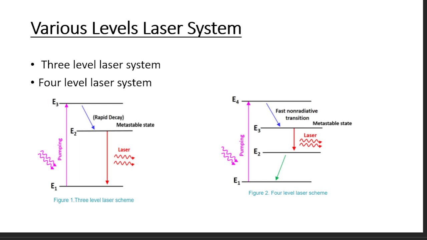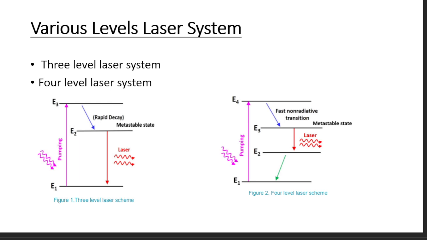Now the next point is that there are various level laser systems, like the 3-level laser system and the 4-level laser system. Let us discuss each one. First is the 3-level laser system. Why is it called a 3-level laser system? Because it consists of 3 energy levels, that is E1, E2 and E3. Out of these, E1 is the ground state, E2 is the metastable state and E3 is the higher excited state.